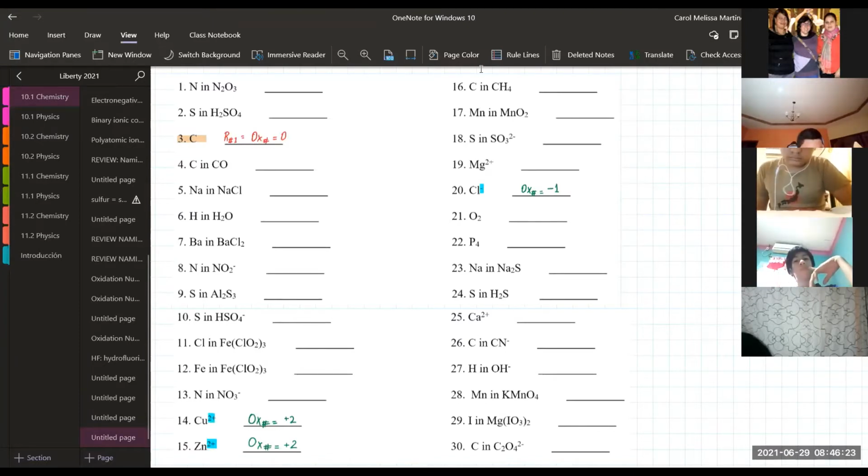Now, what other element is pure? Pure means that the charge is 0, but also not combined. There's no more.